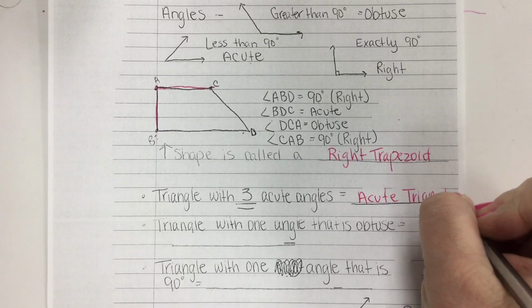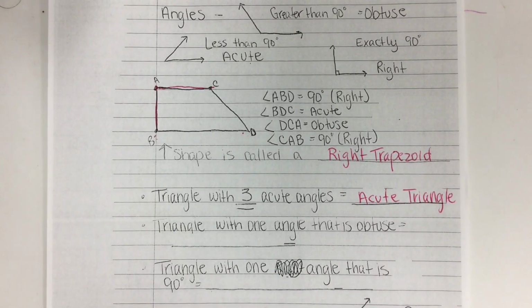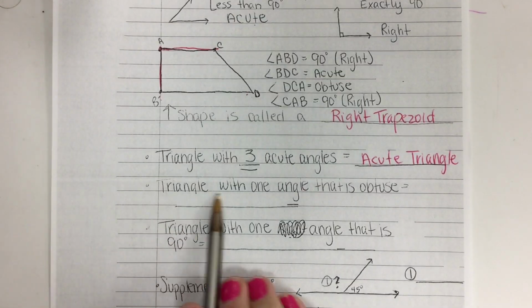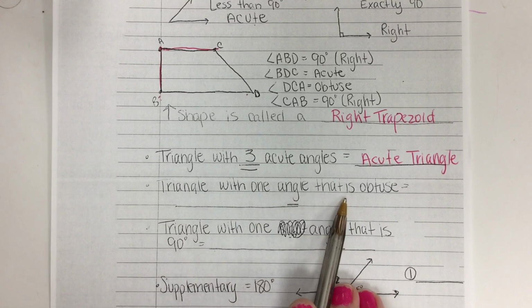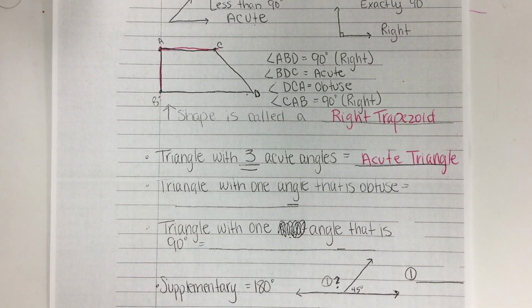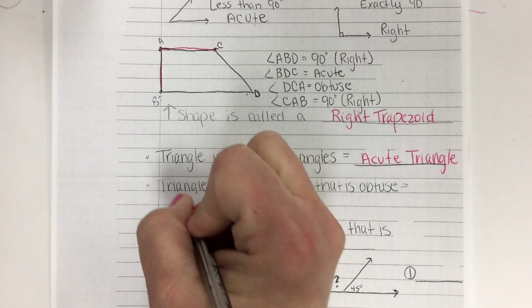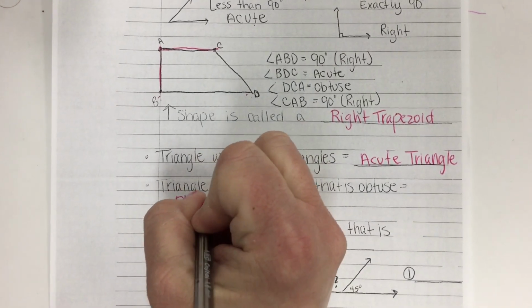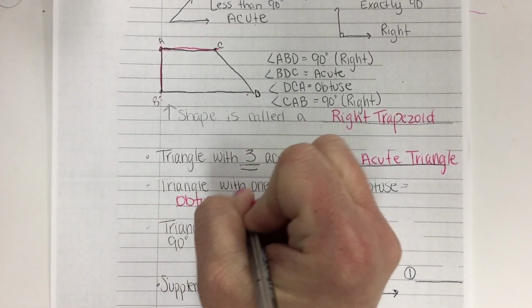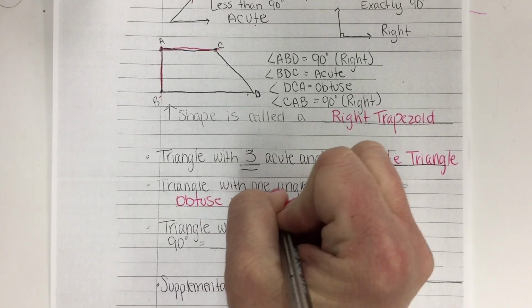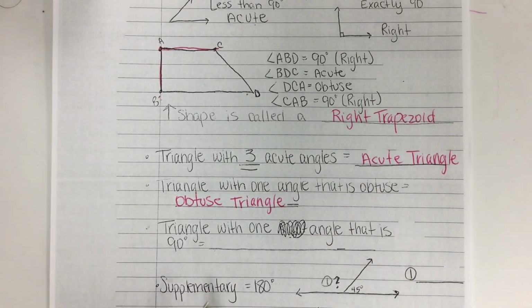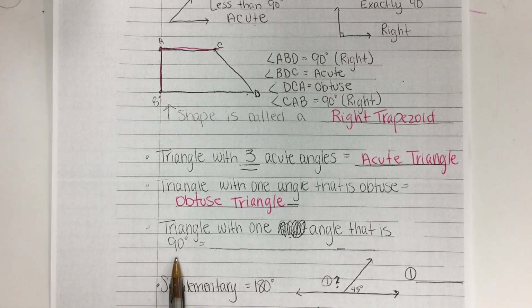All right, a triangle with 3 acute angles is an acute triangle. If all 3 angles are acute, it's an acute triangle. All right, a triangle with 1 angle that is obtuse. If it's got 1 obtuse angle, it has to be an obtuse triangle. Okay. All right, a triangle with 1 angle that is 90 degrees.